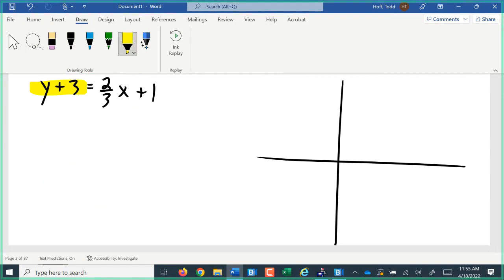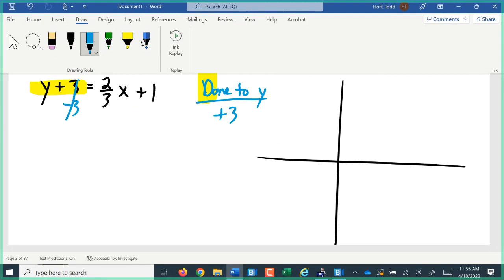Well, we have to solve this just like we would any other equation that we solve for x, but this one has to be solved for y. So we look at what has been done to y. Well, y has had 3 added to it.